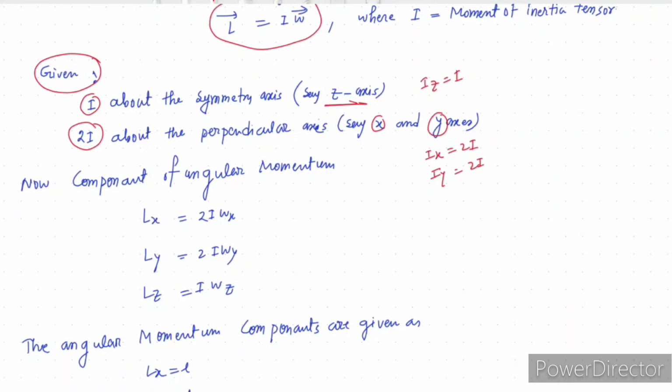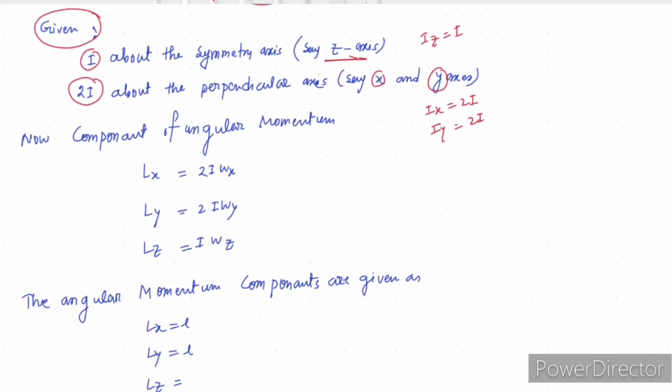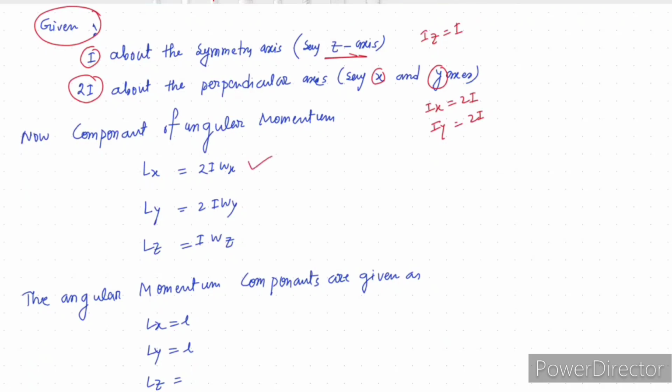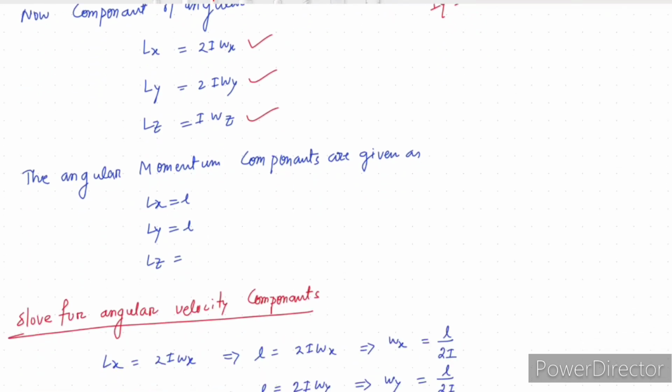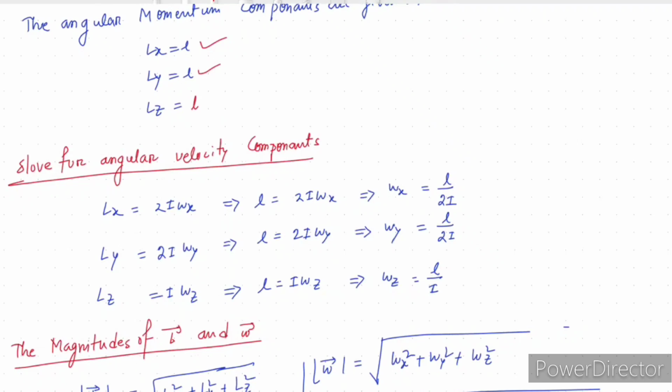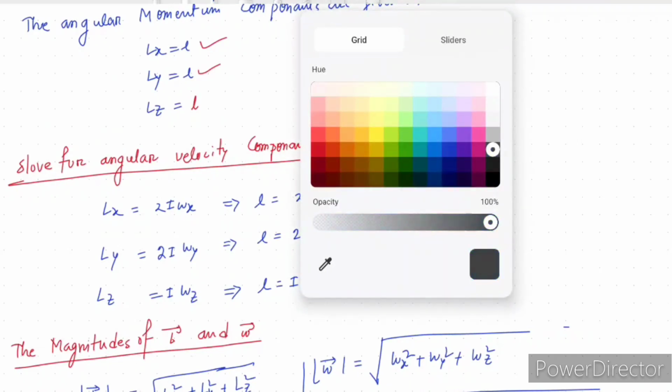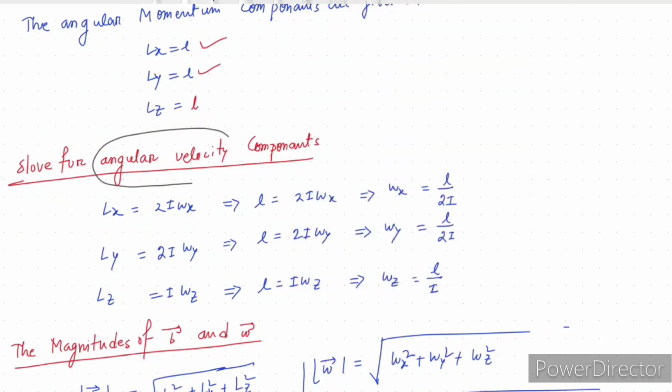Now the components of angular momentum from these equations: Lx equals 2I omega x, Ly equals 2I omega y, and Lz equals I omega z. Again, from the question the angular momentum components are Lx equals L, Ly equals L and Lz equals L. Now let's solve for the angular velocity components.